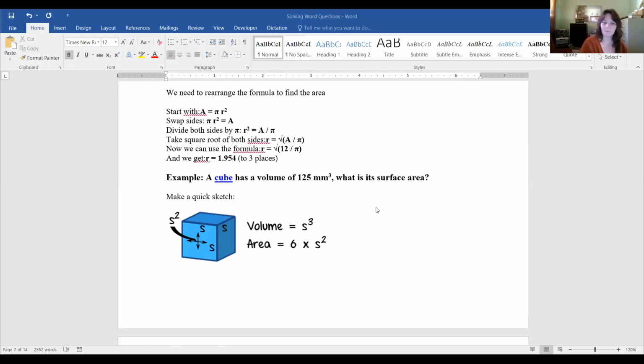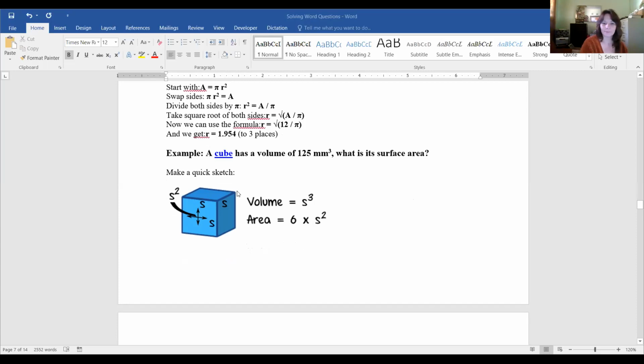Right. So we have the two formulas, and as I said, the formula for the surface area of a cube, you can look that up if you don't know it, but I just go through the logic. We can see these three faces of the cube, and there are the other three hidden from our view that make up the rest of it.